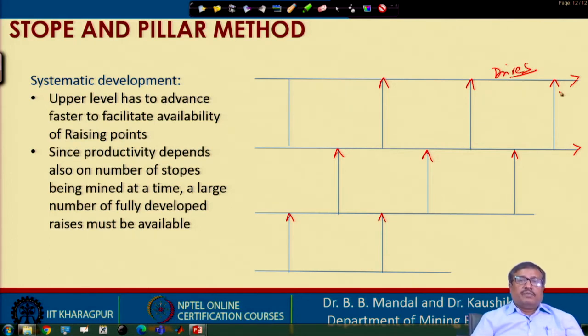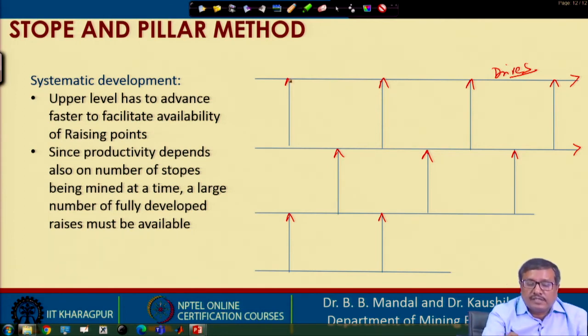Unless you develop a mineral block, you cannot make any stope, and unless you make a large number of mineral blocks ready for stoping, you cannot increase the productivity. Because you must have the facility of mining at different points in a level. So, what we do is establish mineral blocks at faster rates, because whenever we require more production, we can increase the number of stopes, because the mineral blocks are ready.